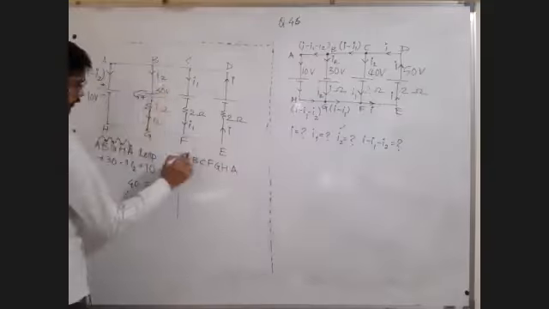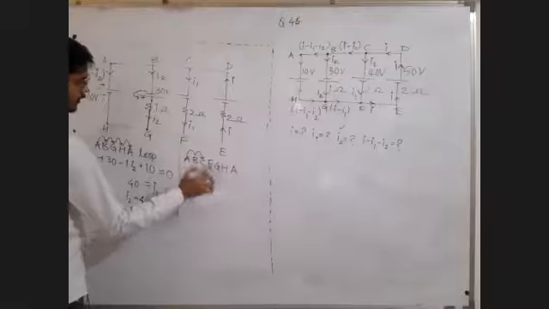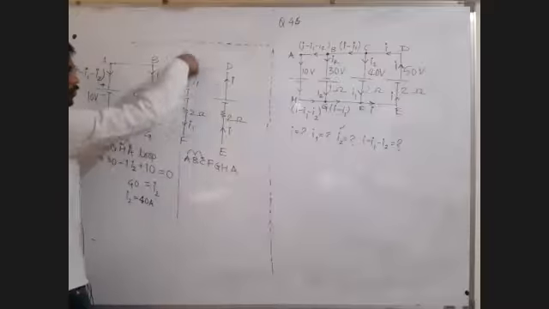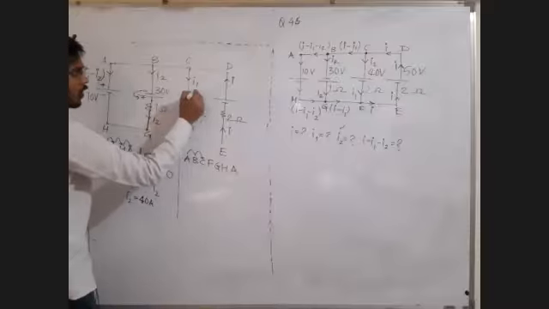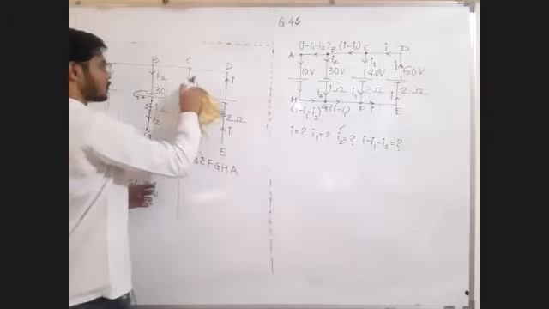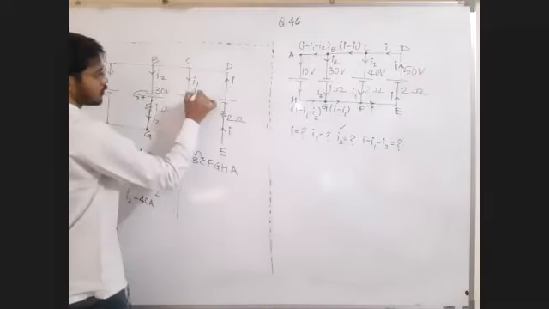B to C, there is nothing. Now from C to F, I am moving from C to F. Now there is a battery of 40 volt.